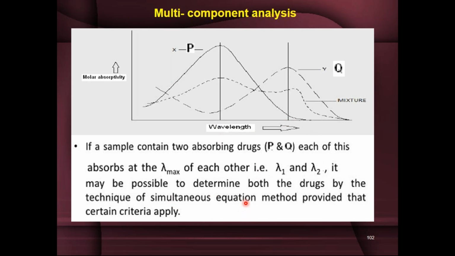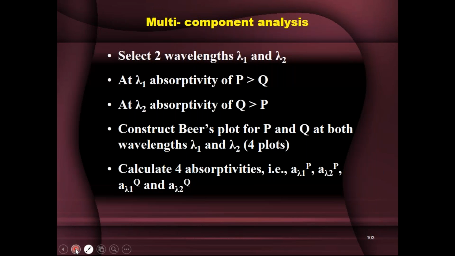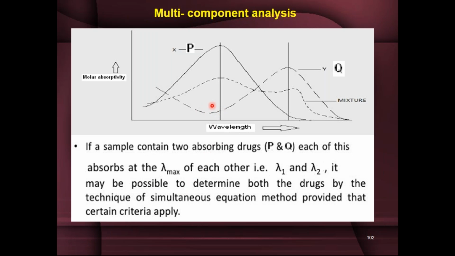It may be possible to determine both the drugs by the technique of simultaneous equation method, provided that certain criteria apply. The first criterion, of course, is that P and Q should not interact. The second is that you have to select two wavelengths, lambda 1 and lambda 2. Like you saw in the previous one, suppose you're choosing this as lambda 1 and this as lambda 2.